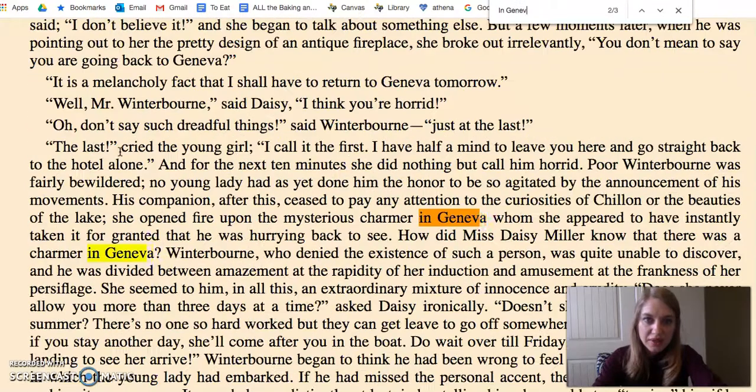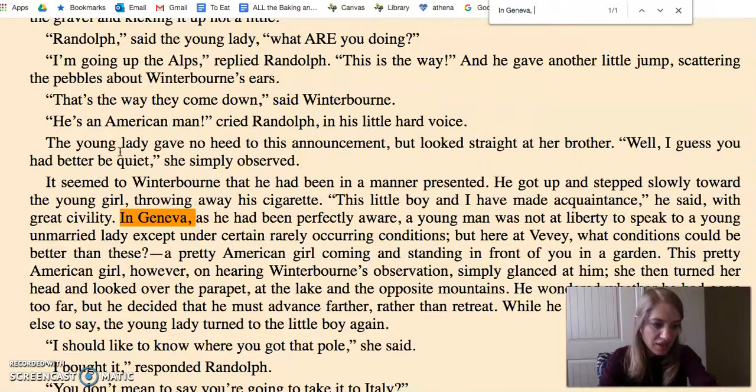If you don't know where it is in the passage, you can just look up "in Geneva as he." It says, "In Geneva, as he had been perfectly aware, a young man was not at liberty to speak to a young unmarried lady, except under certain rarely occurring conditions. But here in Vevey, what conditions could be better than these? A pretty American girl coming and standing in front of you in a garden."